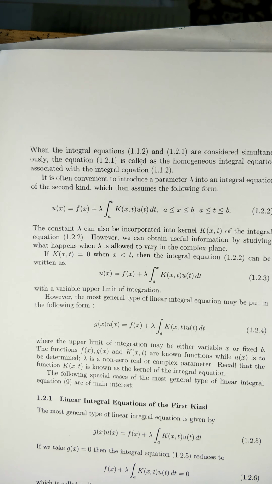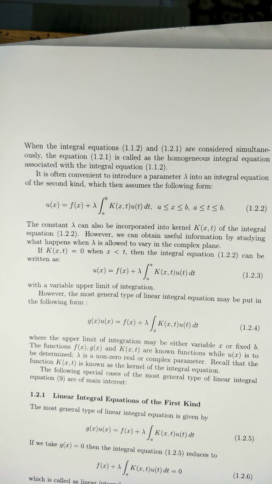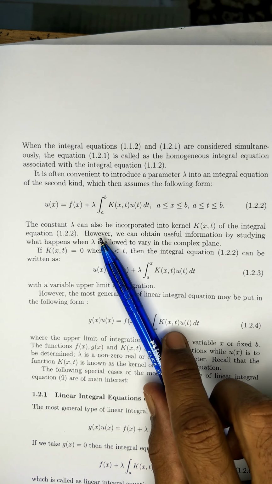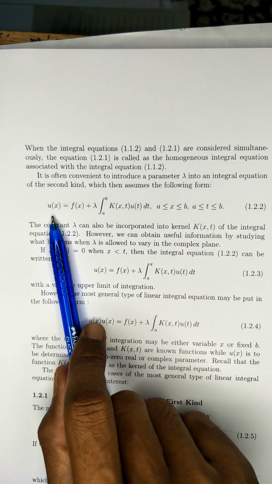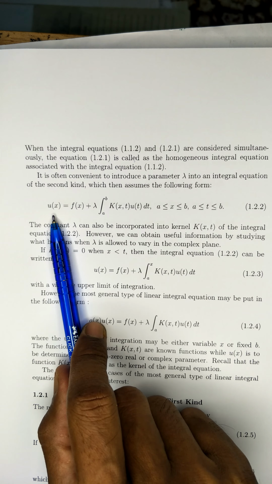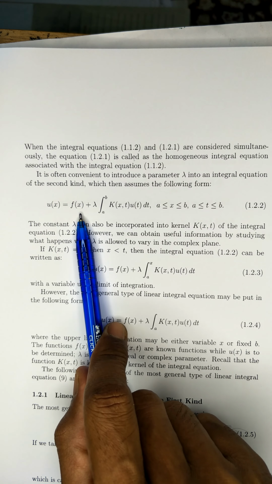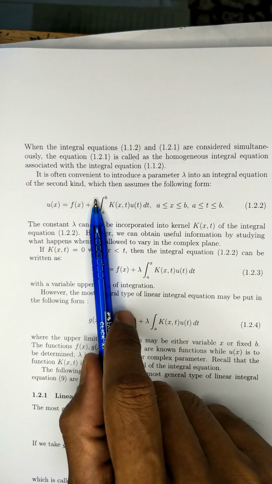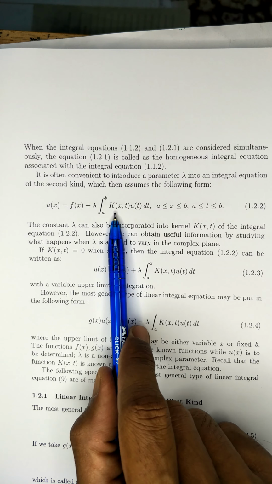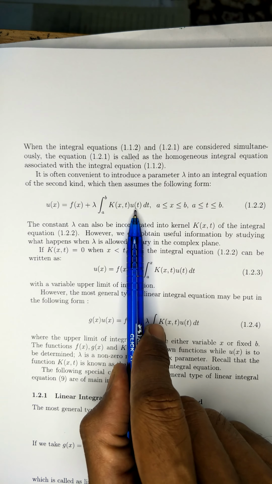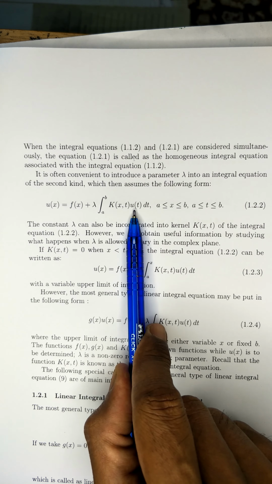It is also quite convenient to introduce a parameter lambda into the integral equation of the second kind, which then has the following form: f(x), u(x) the unknown, f(x) is known, plus some constant lambda times the integration with the kernel k(x,t), and again the unknown function.